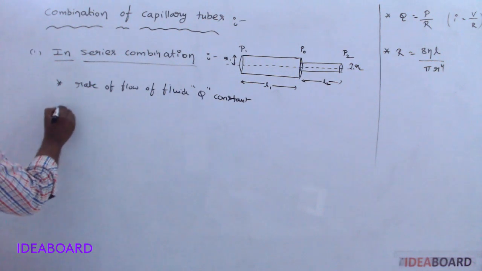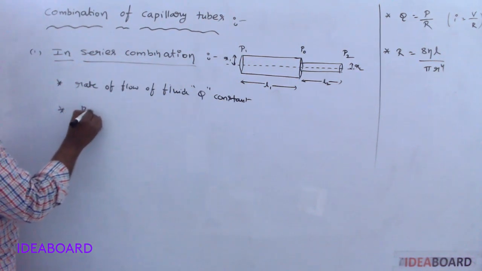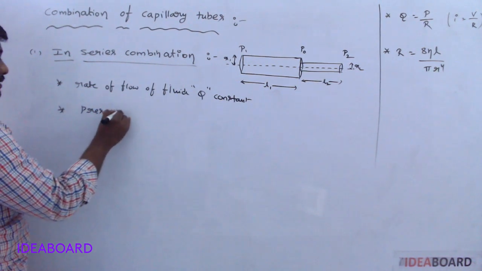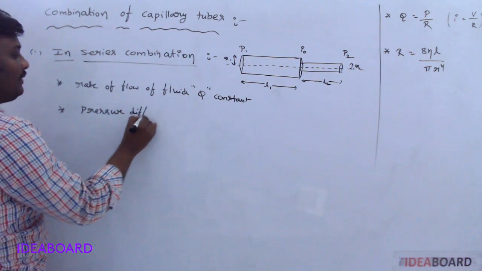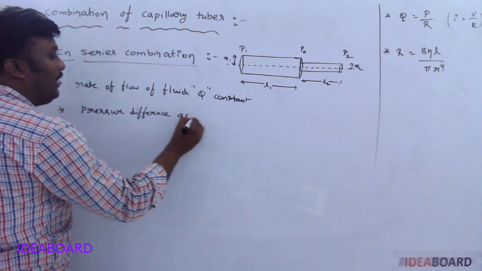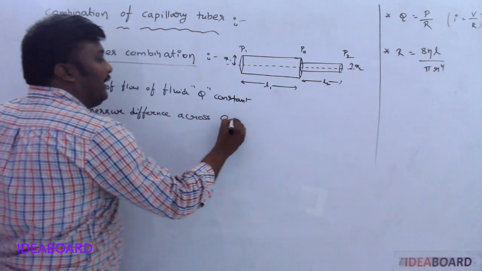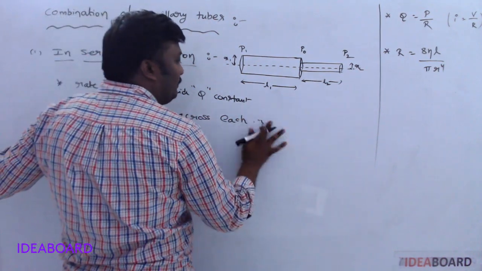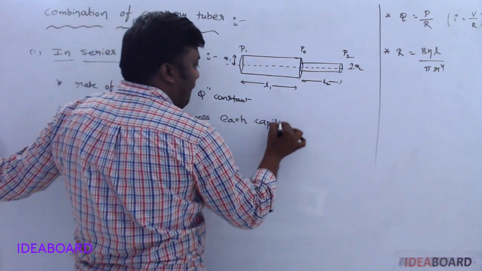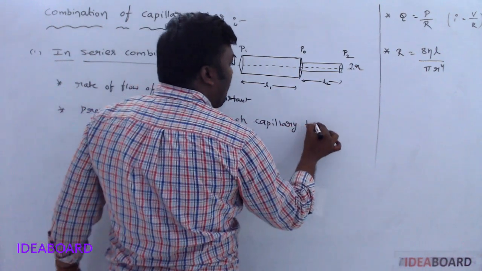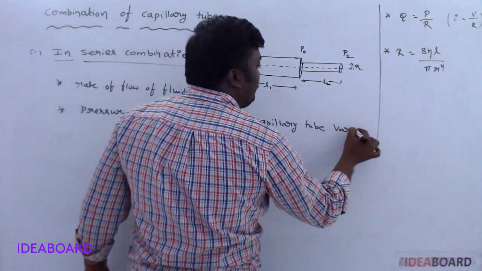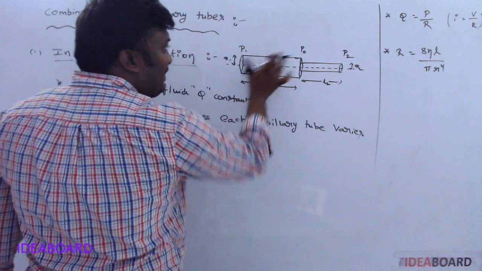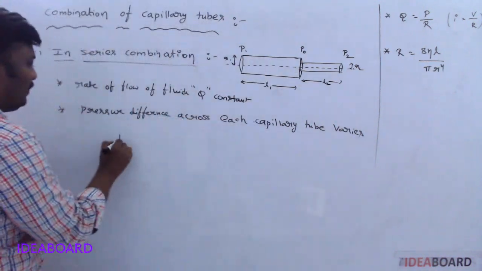Clear? Next, which one changes? Pressure difference across each capillary tube varies. So what is the pressure difference across the first capillary tube?